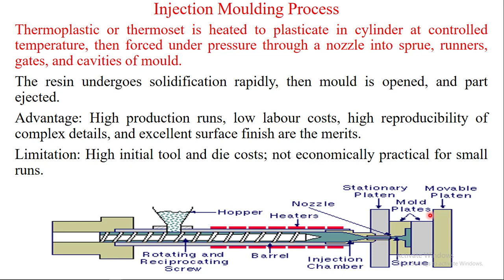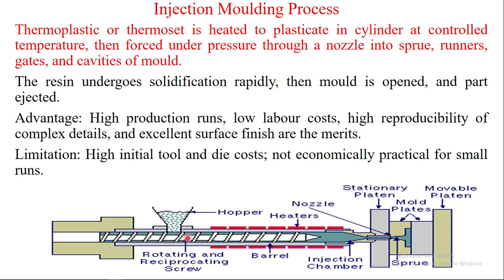Injection molding process. In injection molding, the thermoplastic or thermosetting material is heated to a plastic state in a cylinder, similar to the blow forming and extrusion molding processes. The plastic powders are inserted here.